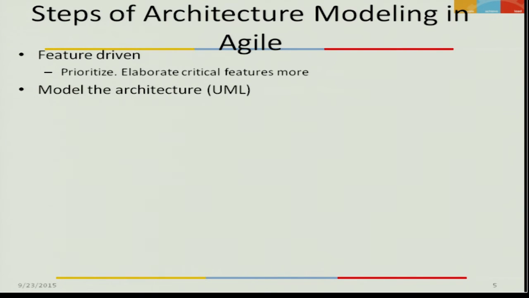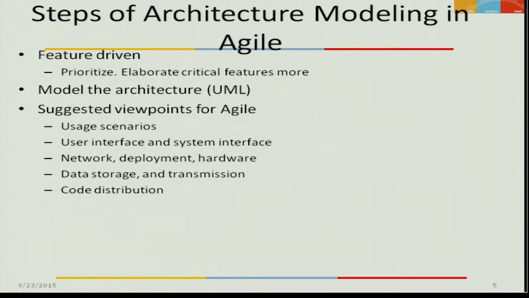Model the architecture typically using UML diagrams. Agile methodology suggests a few viewpoints like usage scenarios, user interface and system interface, network deployment, hardware, data storage and data transmission, and code distribution. These are essential viewpoints that Agile methodology suggests, so one needs to have at least these viewpoints in the architecture.